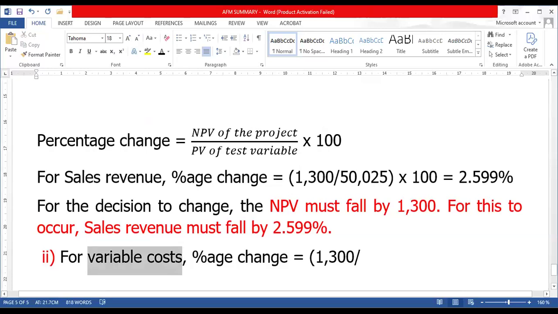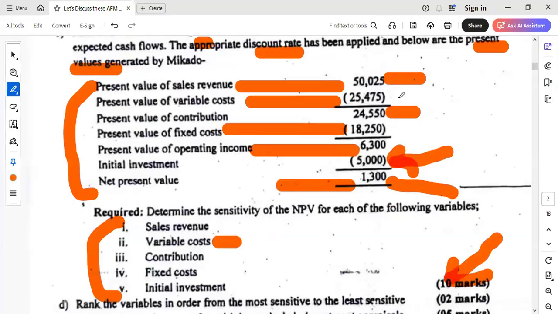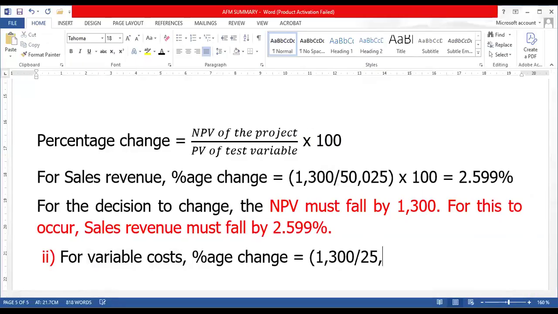It was given, direct spoon feeding here. Maybe students had not performed well in coursework. So this is 25, 475, 25 over 475 times 100.